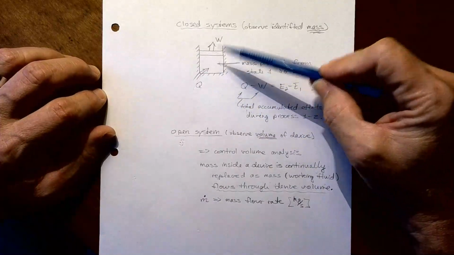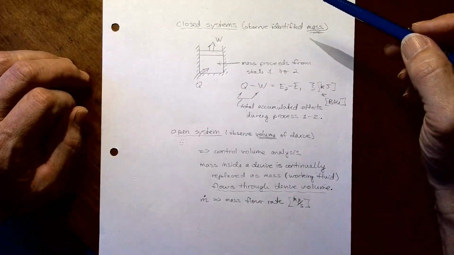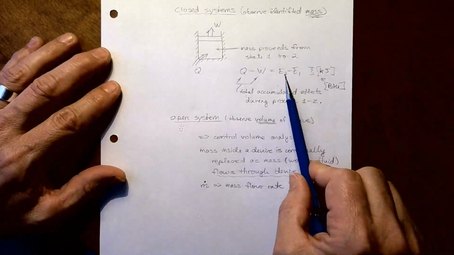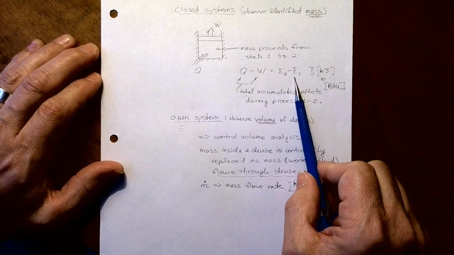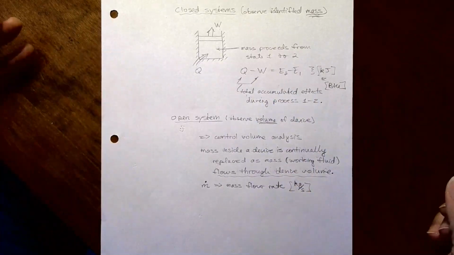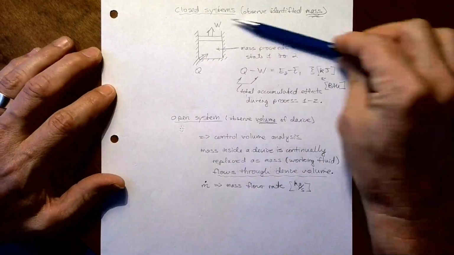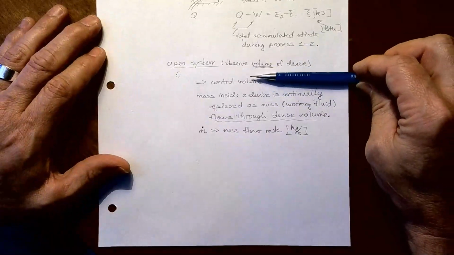We could heat it up, and that mass could be doing some work through boundary work. An energy balance allows us to equate a state 1 and a state 2: Q minus W is E2 minus E1. The units of this are kilojoules or BTU. It is an energy.